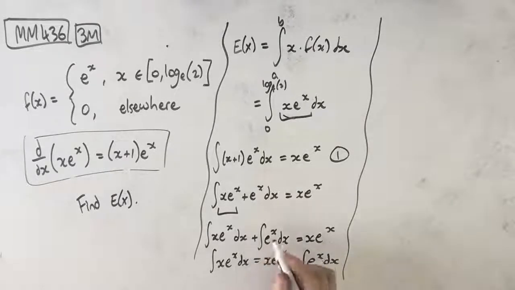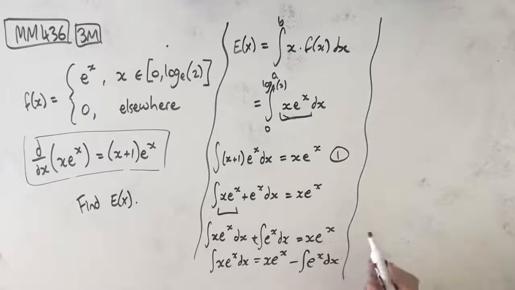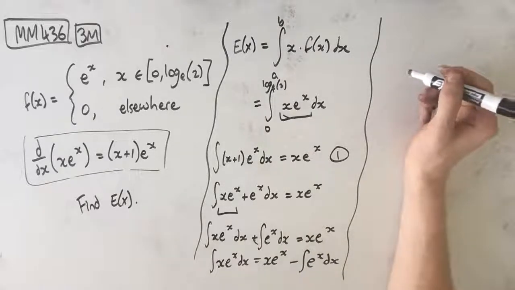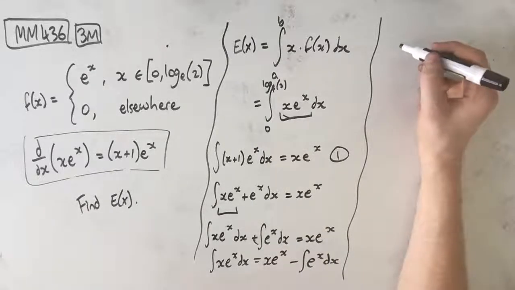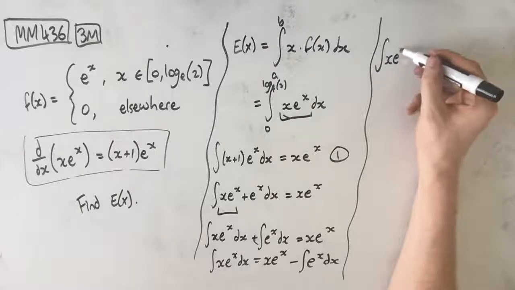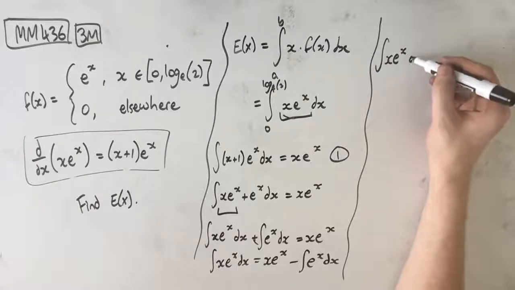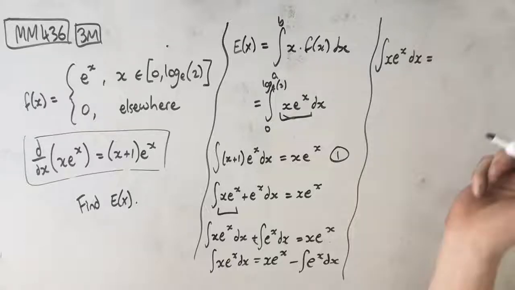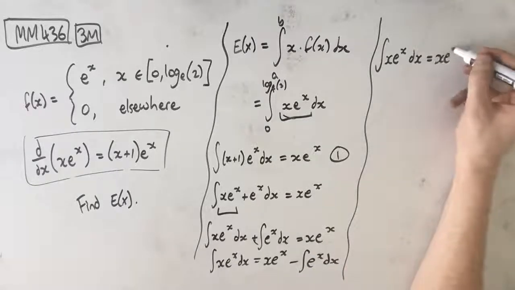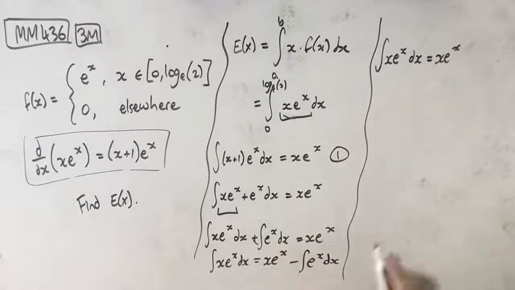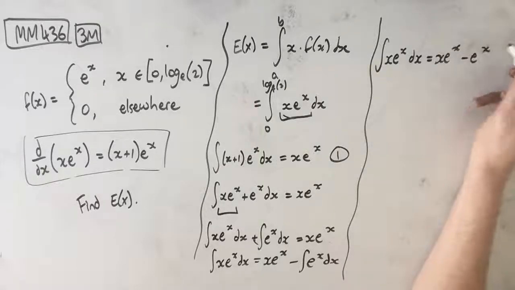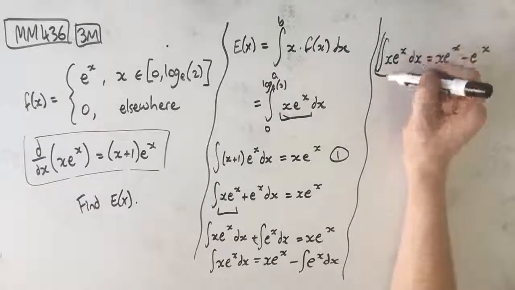I've just taken this integral and moved it to the other side. So the integral of x e to the power of x dx is x e to the x minus the integral of e to the x, which is simply e to the x.